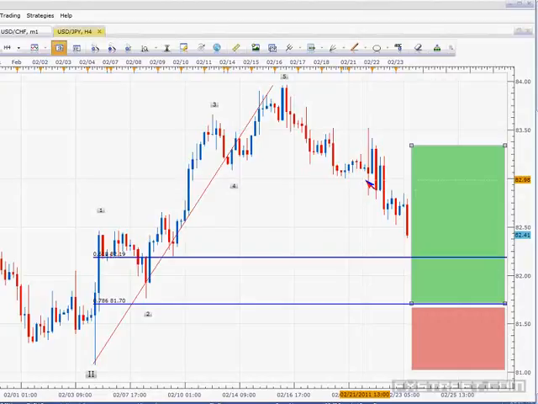So this is why I love the 78% retracement level, because it gives me a good chance at a good risk to reward ratio. Within the context of this whole range, I can get a 1 to 2 risk to reward ratio. I can get a 1 to 3. And if my wave labeling is correct, then the dollar yen could even project higher up into the high 88s.